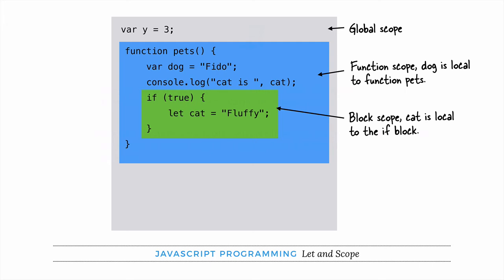Again, this is because var has function scope, not block scope. But with let, we have block scope, and the scope of the variable is really limited to the block in which the variable is declared. So now we cannot access the variable cat outside this if block, and when we do try, we get a reference error.